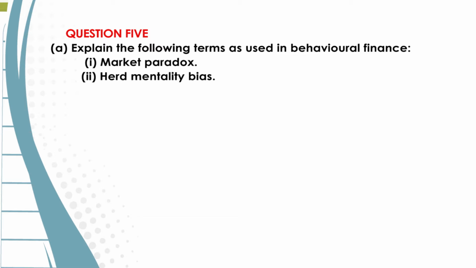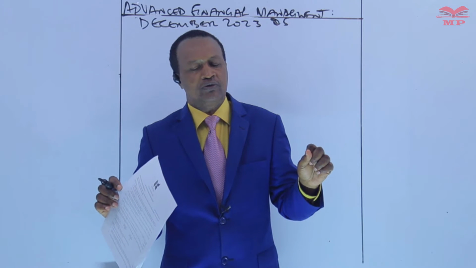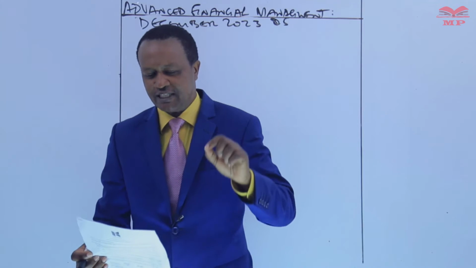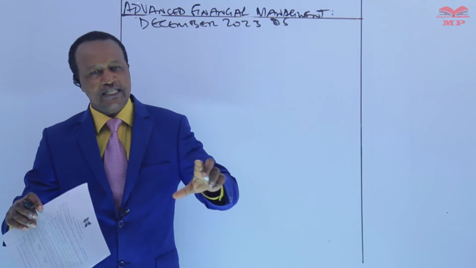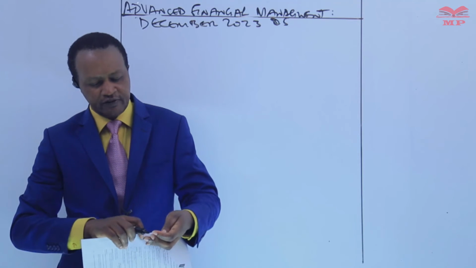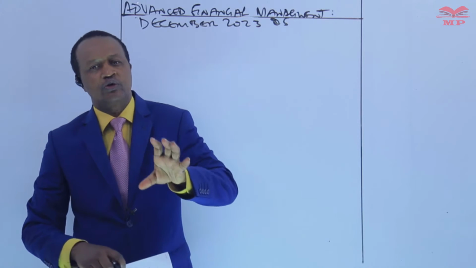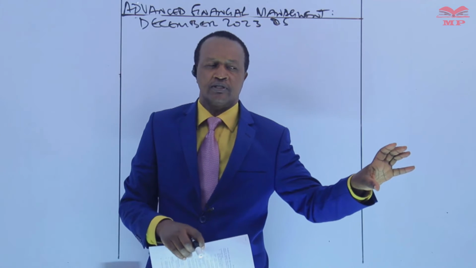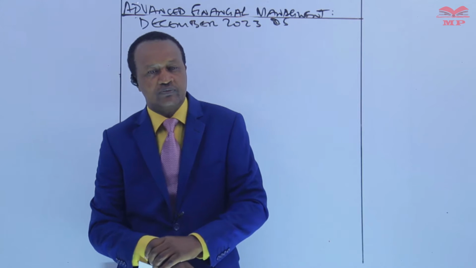Then there is the herd mentality bias. Herd means group mentality. Herd mentality bias, on the other hand, describes the tendency of individuals to mimic or to copy the actions of a larger group, even if those actions go against their own judgment or information.